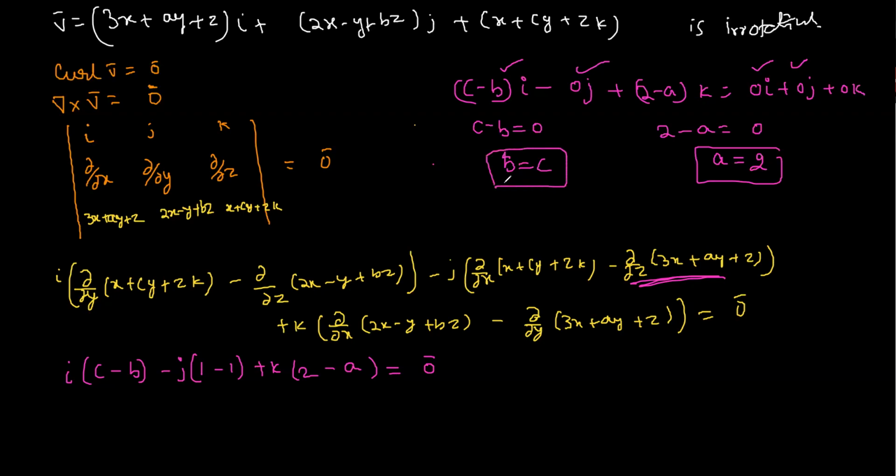So B is equal to C. B and C can be any value, it doesn't matter. Okay. So A is equal to 2, B and C any real number. But B and C must be equal. Understood?